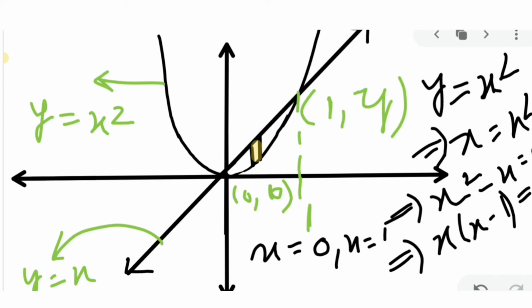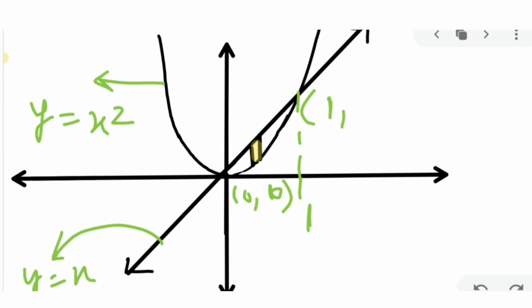So when we put the value of x equals 0 in this, y is also equal to 0, and if we put the value x equals 1 in this equation, y is also equal to 1. So this value of y will be 1. So I will be erasing this y, and I will write this down as 1, right?